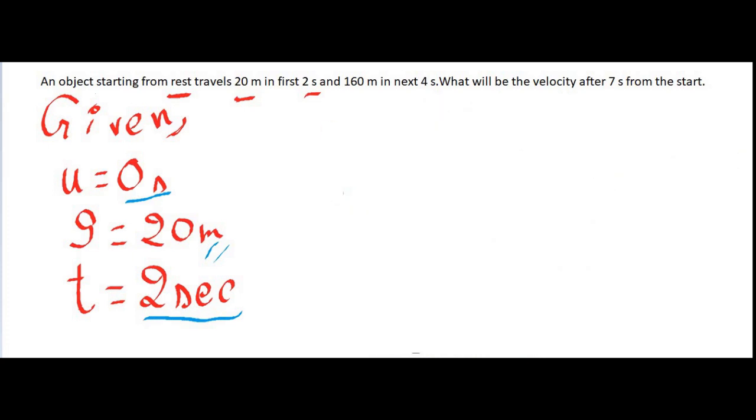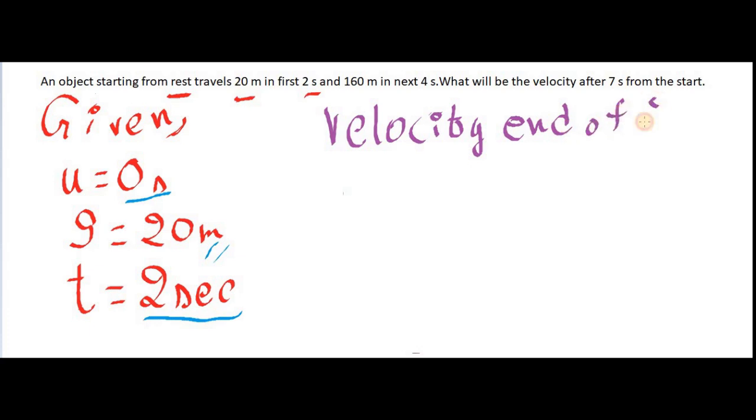Now let's find the velocity at the end of 2 seconds. Why do we need to find velocity at the end of 2 seconds? We'll find it out further while solving the same question. We have known the three equations of motion.